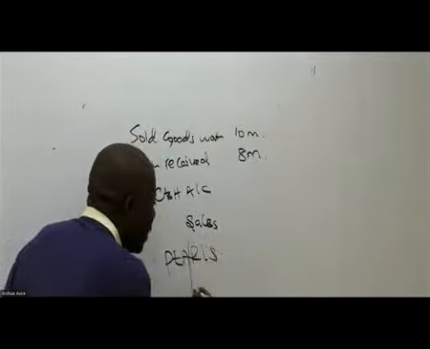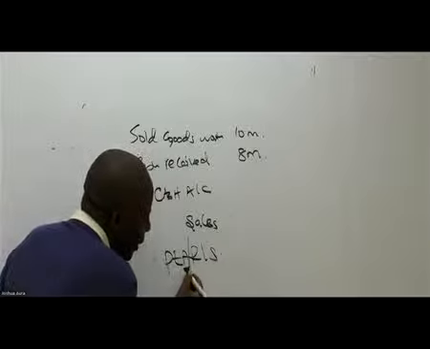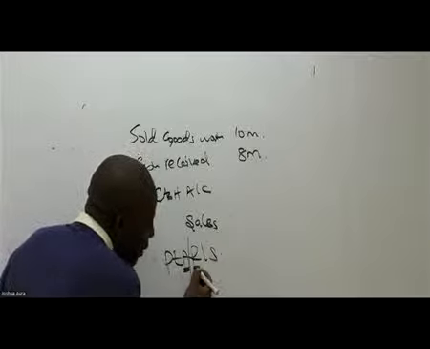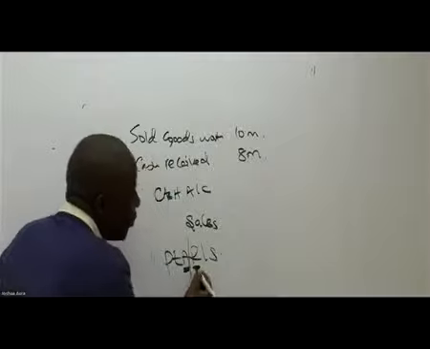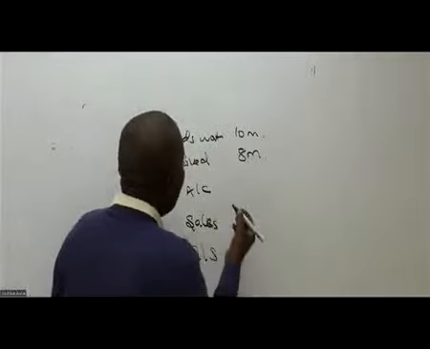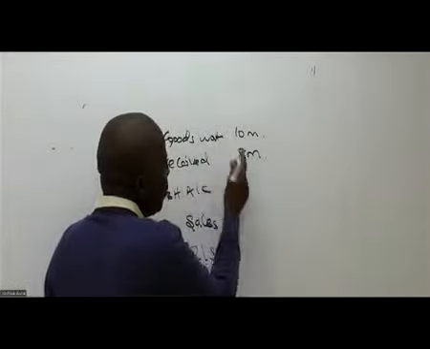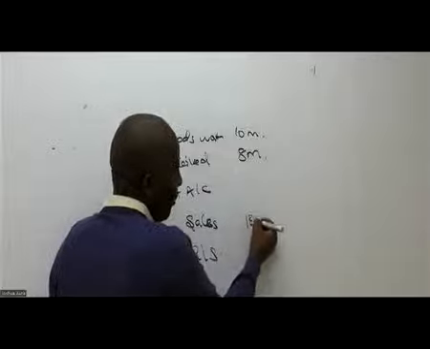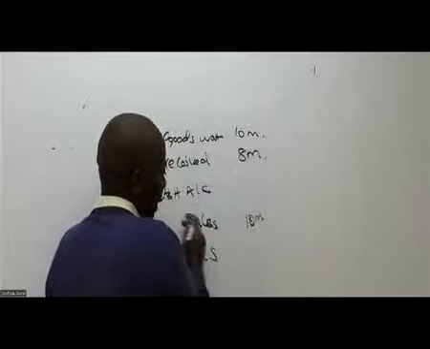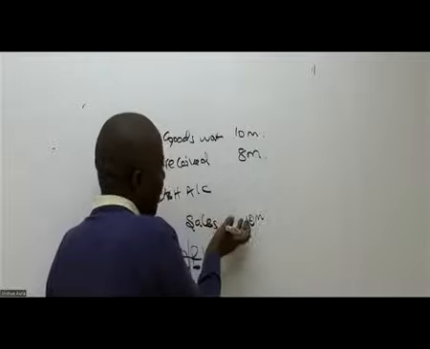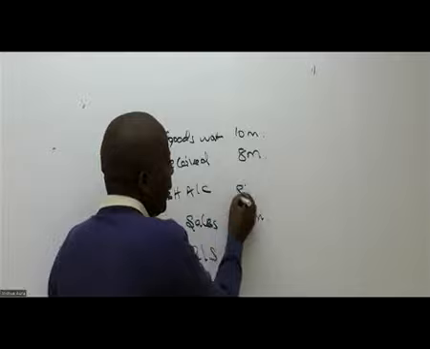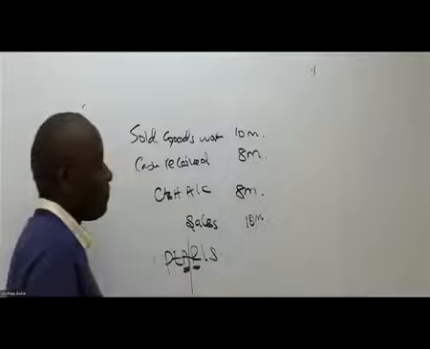You said assets will be debited whenever they increase, and revenue will be credited. So the sales, I can see what my sales was worth here. It was 10 million shillings. But the cash that I could see here was 8 million.